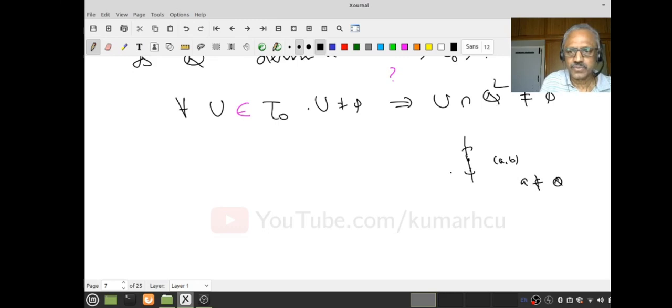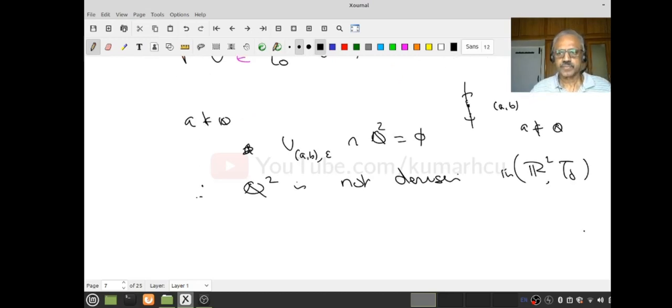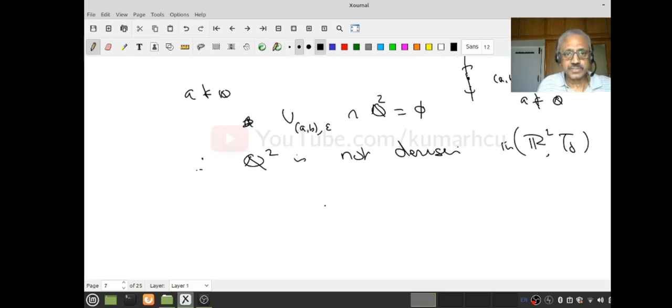So if A is not in Q, then for the set A comma B epsilon, the intersection with Q squared is empty. Therefore Q squared is not dense in R2 with the order topology. Do you understand this? This is to be expected as a rule.